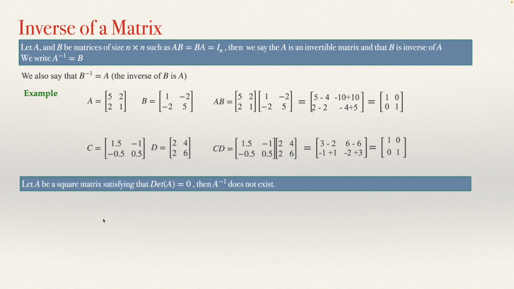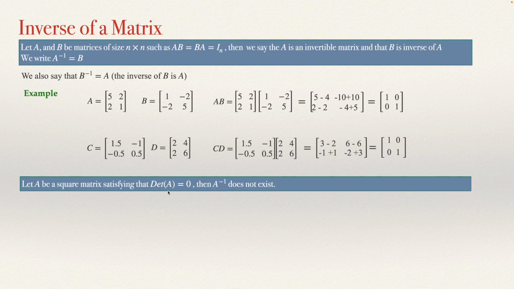So this is a mathematical property of matrices. But not all matrices have an inverse. Let A be a square matrix satisfying that the determinant of A equals 0. If that happens, if the determinant of A is 0, then the inverse does not exist. It is like the real number 0, which doesn't have an inverse, and there will be many such matrices.